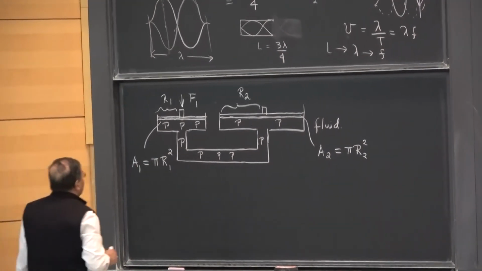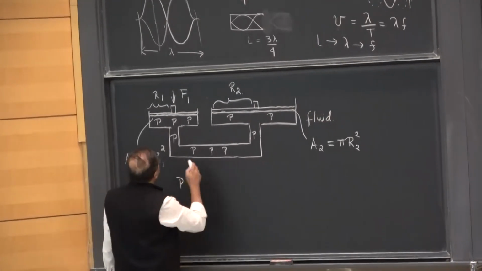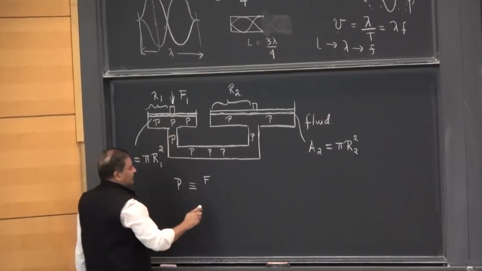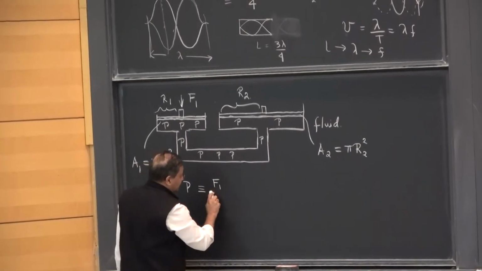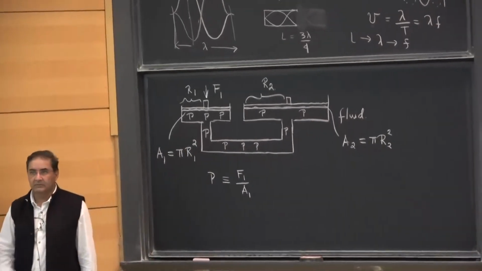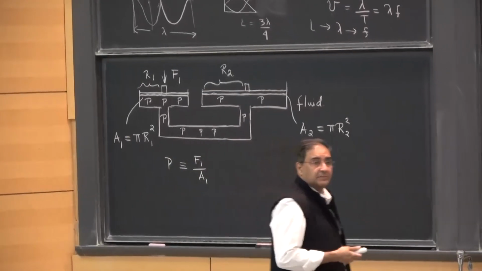All right. So the idea is that the pressure that you're going to get, this pressure P, is force per unit area by definition, right? So therefore, if I divide F1, which is the force, by the area A1, that should already give me the pressure that I am putting into the system.